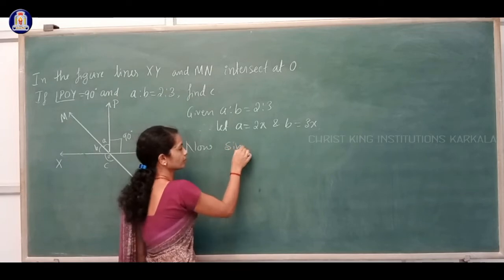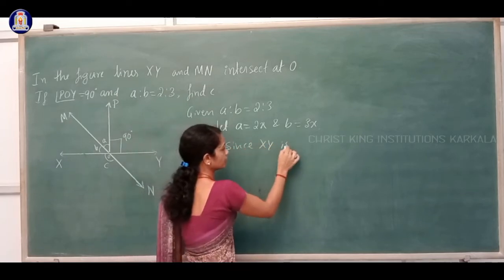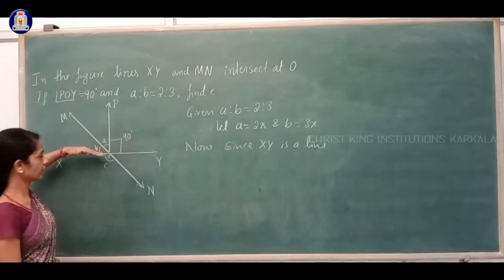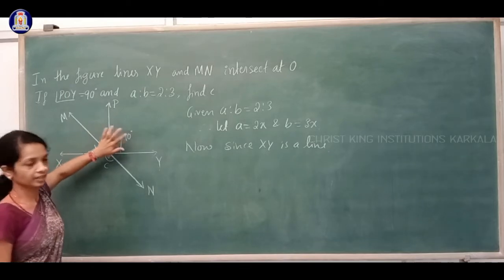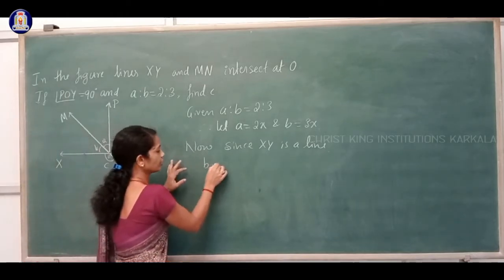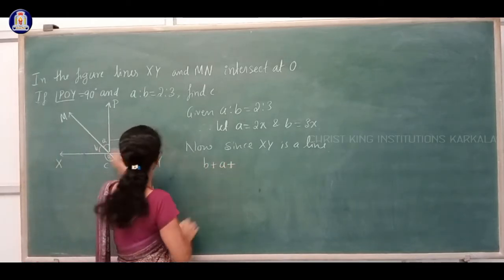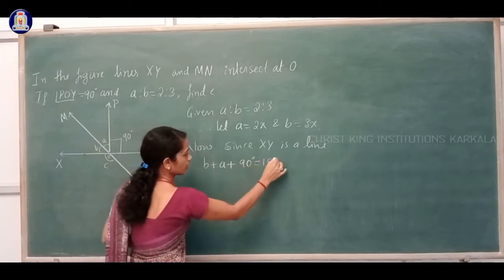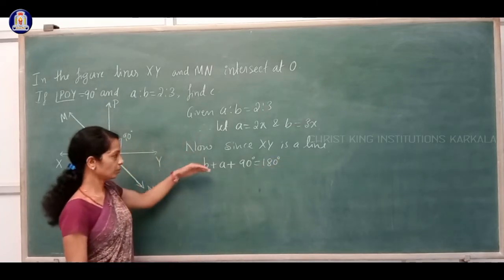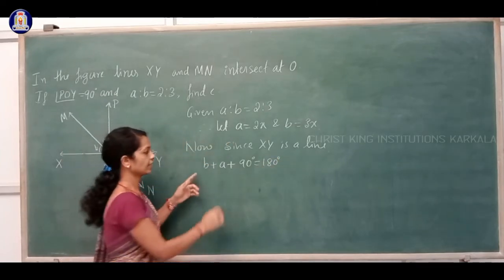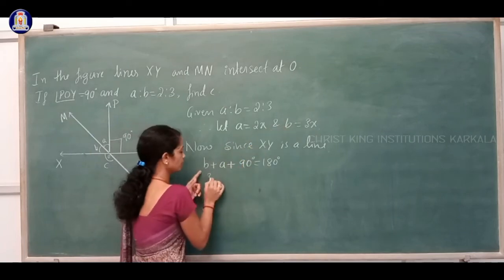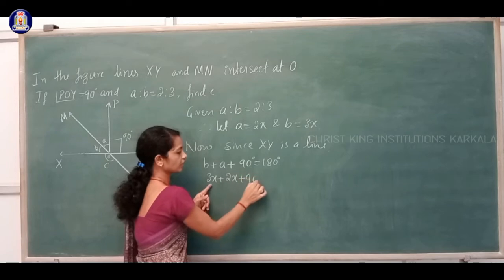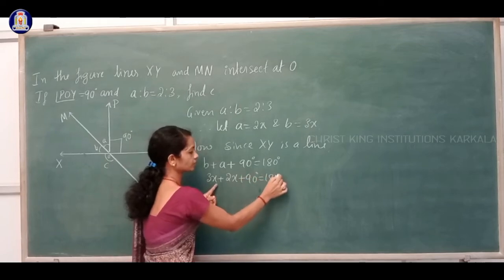Since XY is a line, the total angle above the straight line, angle B plus angle A plus 90 degrees, must be equal to 180 degrees. Why? Because XY is a line. B is 3x and A is 2x, plus 90 degrees is equal to 180 degrees.